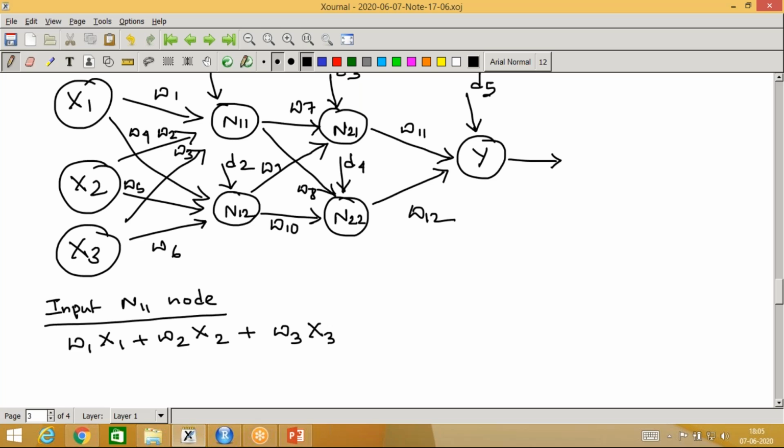This will be the input. Are you guys with me? What will be the output at the N11 node?